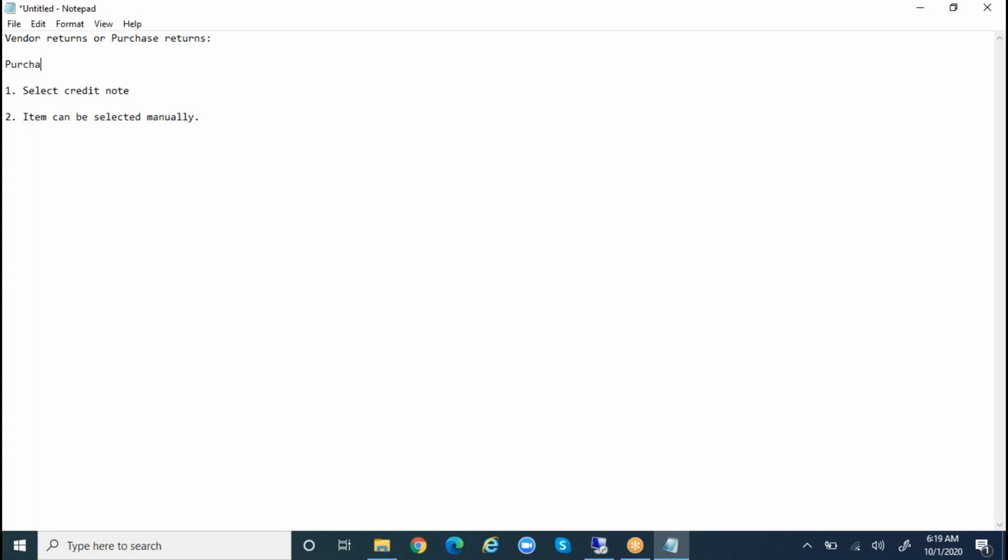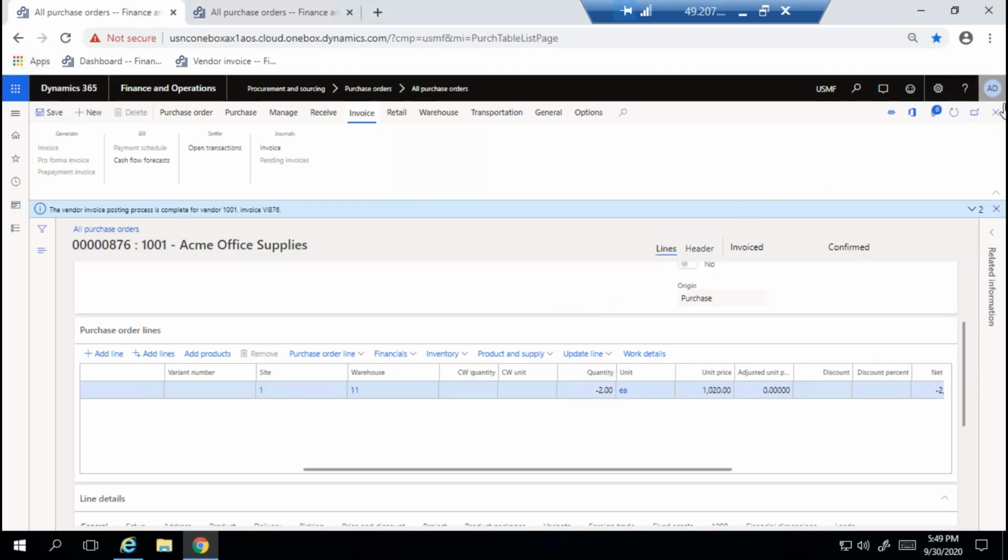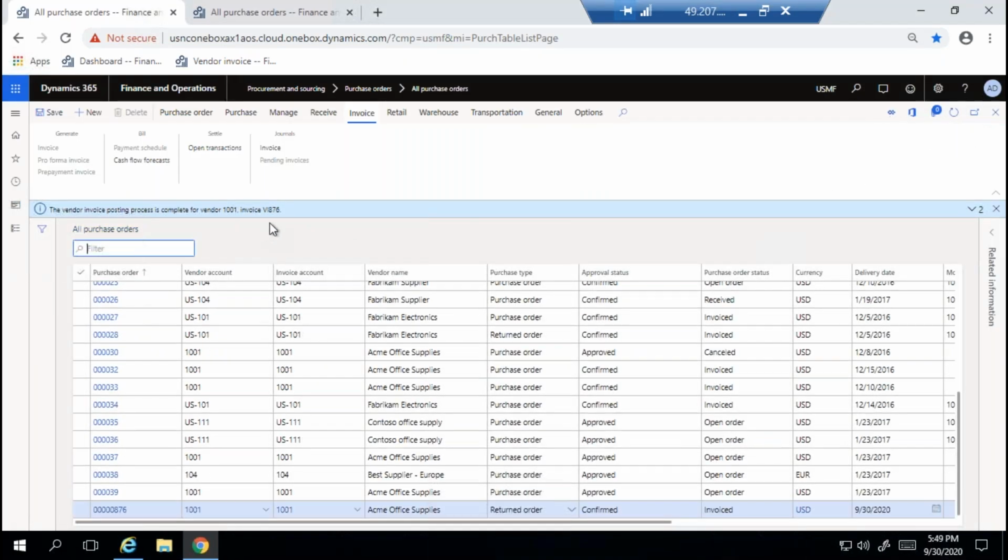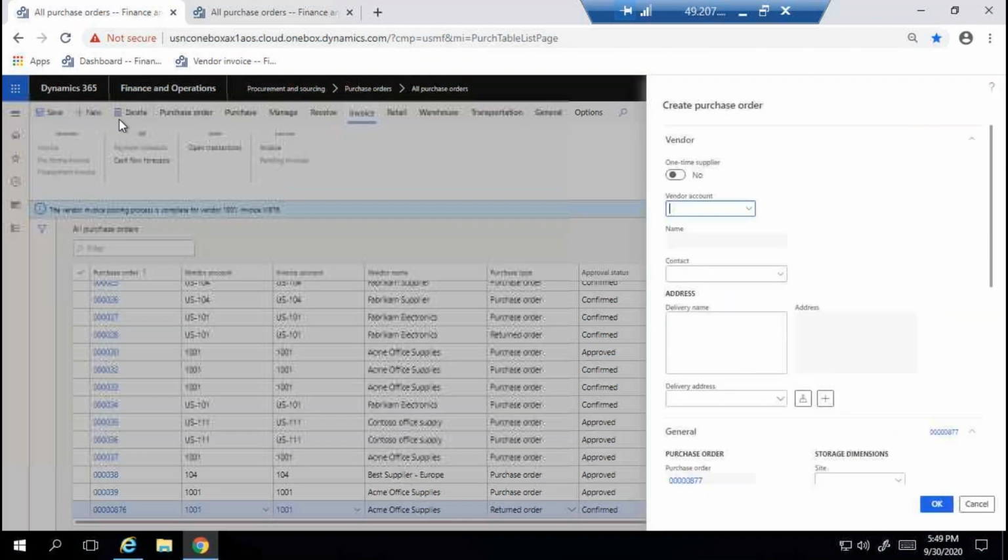Whenever you are creating a purchase order, you select type return order, and the RMA number should be entered. Let me show once again. Purchase returns is simple, but sales returns will take some time. I will explain that later, but first let us focus on purchase returns.